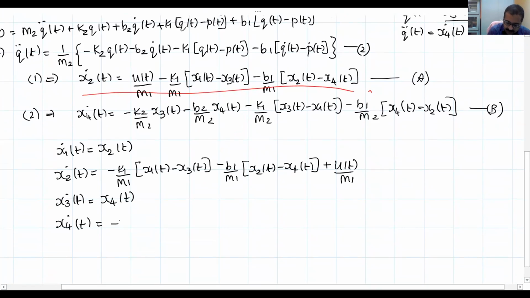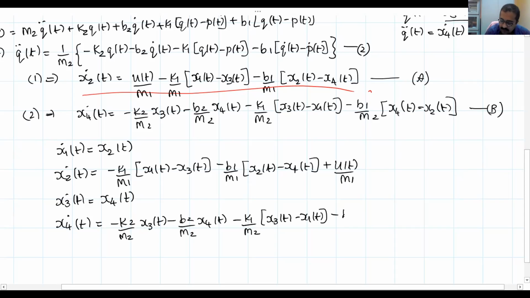Okay, so minus k2 by m2 into x3 of t, minus b2 by m2 x4 of t, minus k1 by m2 into x3 of t minus x1 of t, minus b1 by m2 into x4 of t minus x2 of t. Okay, so now all these things can be expressed in a matrix form. Fine. How?